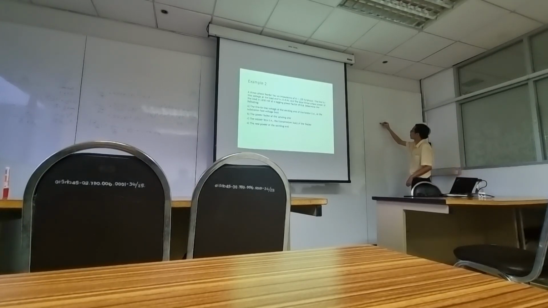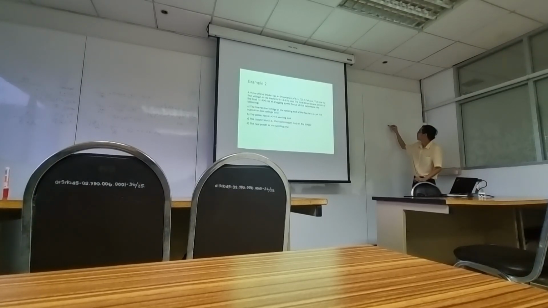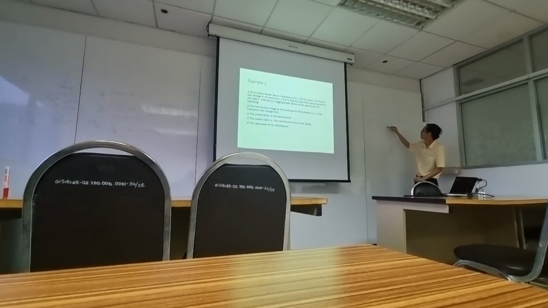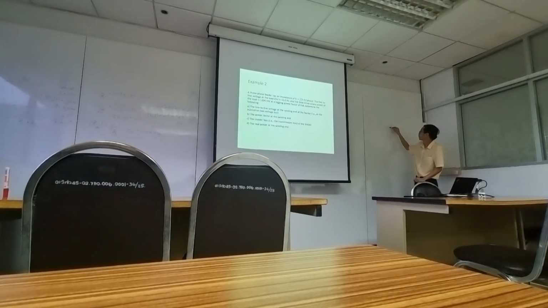This is 6 plus j20 ohm. The voltage here is 13.8 kV, but this is line to line, right? So divide by √3 to get line to neutral, and then set the angle to 0 degrees.